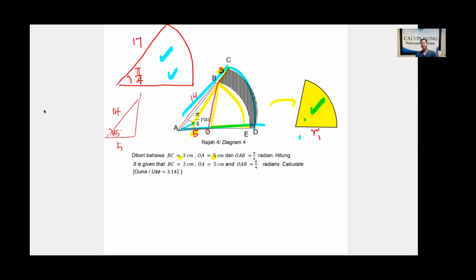So from here, using the cosine rule, familiar? Yes, so I can find this one. That means I have confidence I can do this question. What about you? Do you think you can do it? Sure, no problem. Very good.